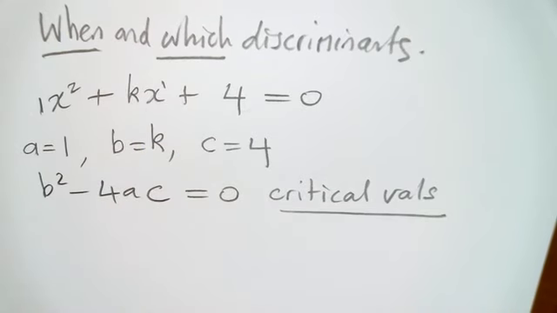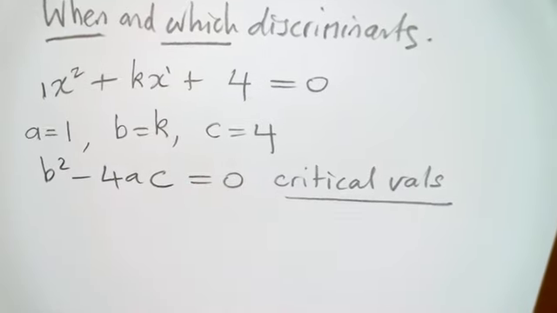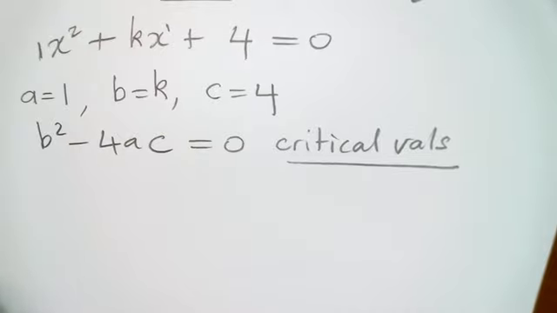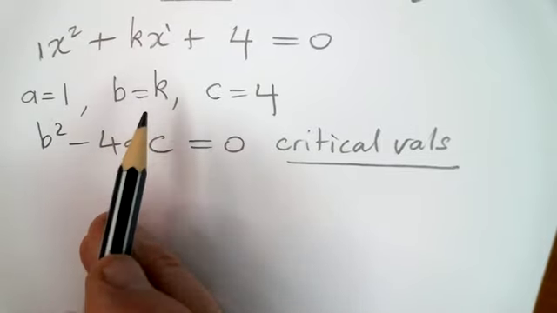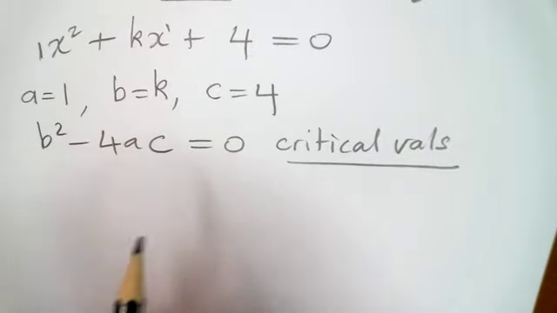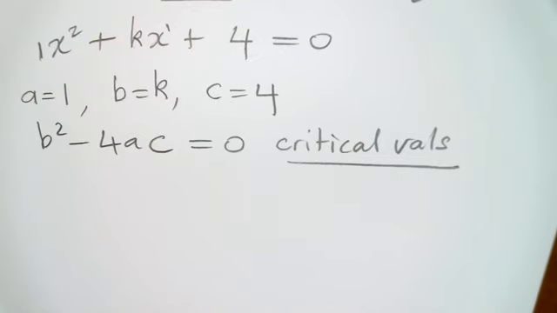You're going to see in a moment making it less than 0 or more than 0, or making it equal or less than 0, or greater or equal to 0. But in this case, we make it equal to 0. Let's find the critical values of k. In other words, what are the possibilities for k? And the critical values, by the way, are single values. They're individual values, not ranges of values.